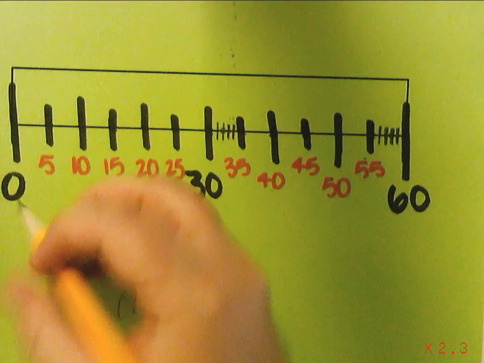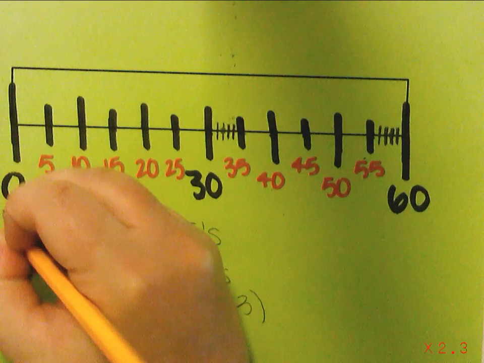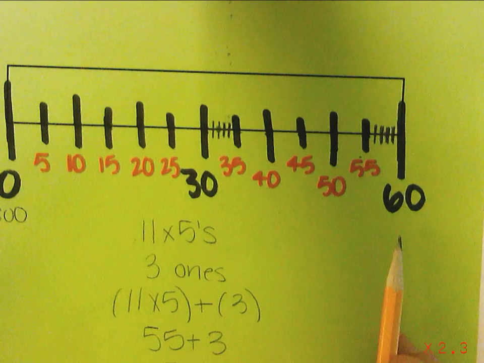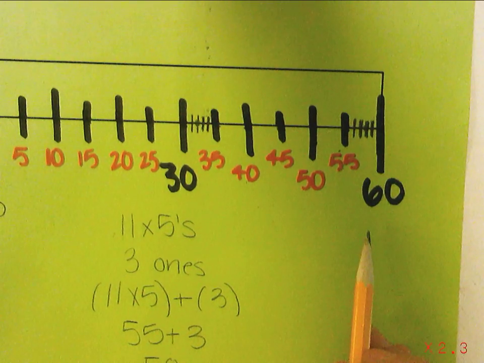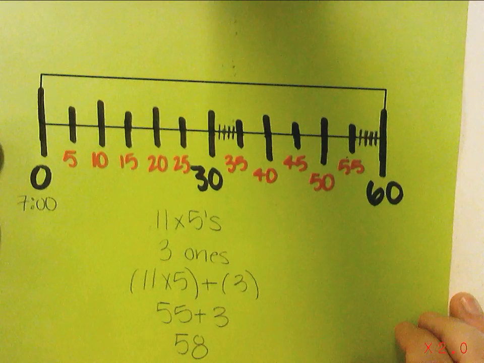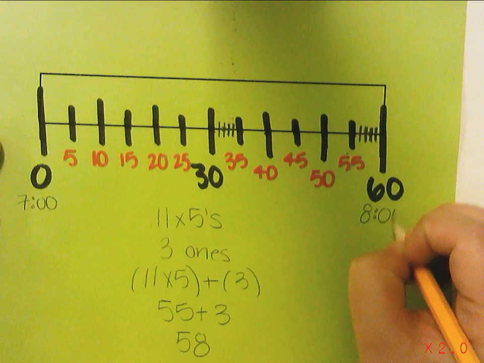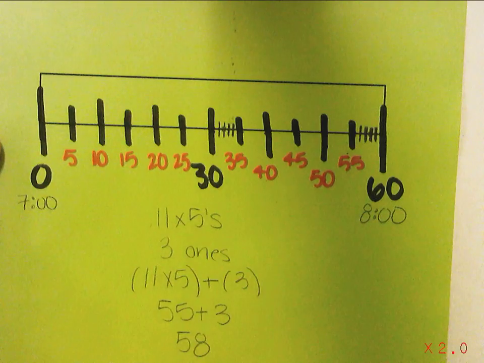Our 0 is 7 o'clock. And then what do you think the 60 would be? What's 60 minutes after 7 o'clock? You got it, smarty pants. It is 8 o'clock. It's 1 hour later.